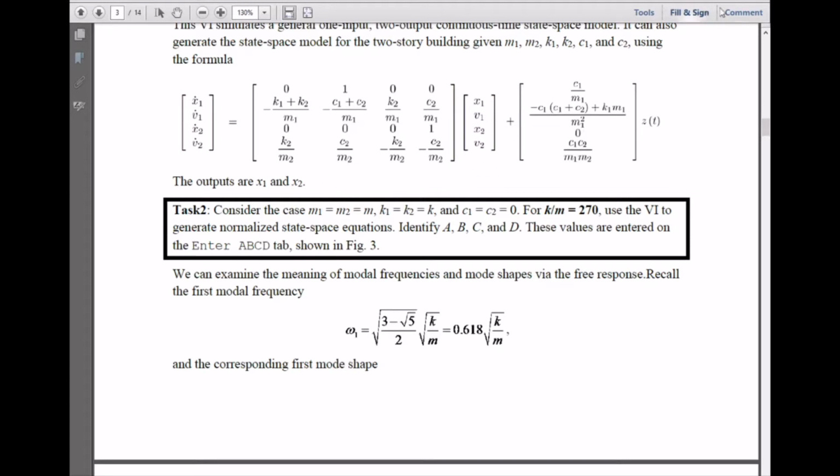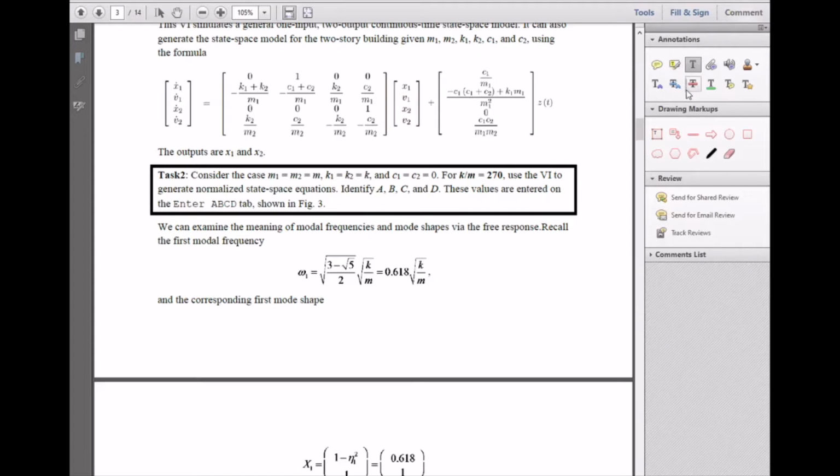Okay, I don't think I can write this in here, but let me see. I can certainly try. How about some scribble? So your outputs Y1 and Y2 must be equal to some C matrix times your state vector, which is x1, v1, x2, v2, plus a D matrix times C. So Y1 is equal to what?